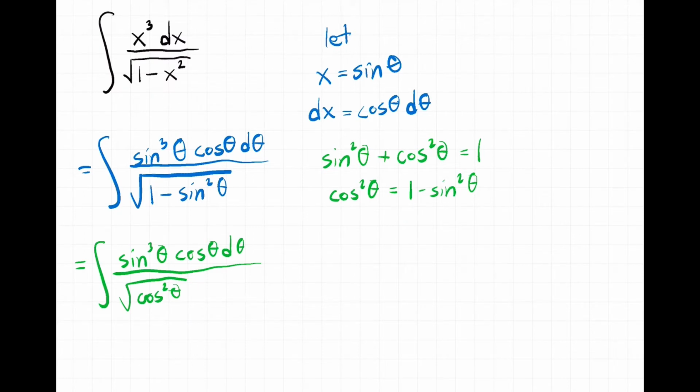But the square root of cosine squared theta, that's just cosine of theta. And furthermore, now we're just multiplying on the top by cosine theta and then dividing by cosine theta. So we can actually cancel these guys out entirely. Our integral is actually equal to just the integral of sine cubed theta d theta.